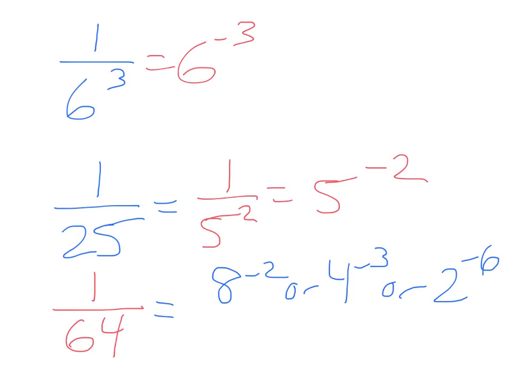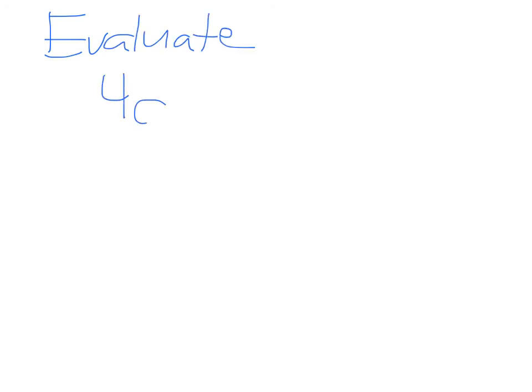All right, look at this problem for me. This is an interesting one. Evaluate 4a to the negative 5th if a equals negative 2. Pause the recording and see if you can figure this one out. The way we do this problem, you have to realize exponents are very, very specific.